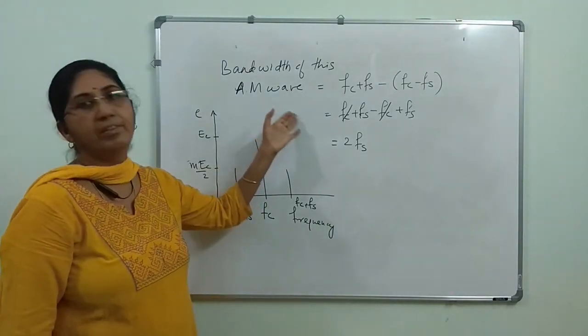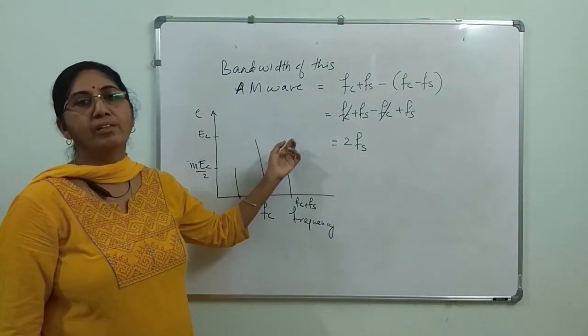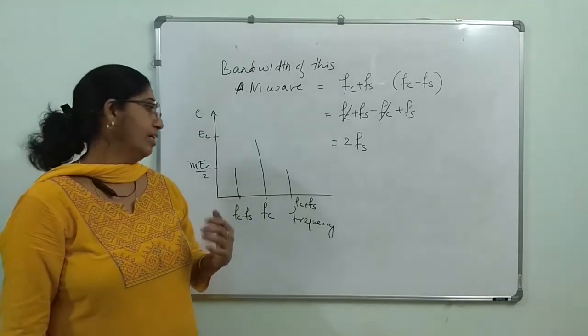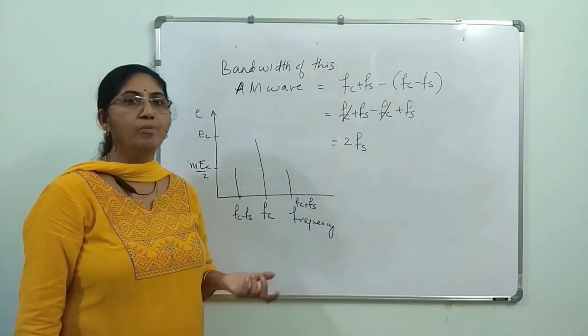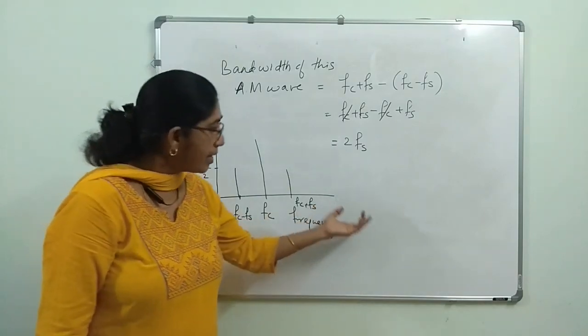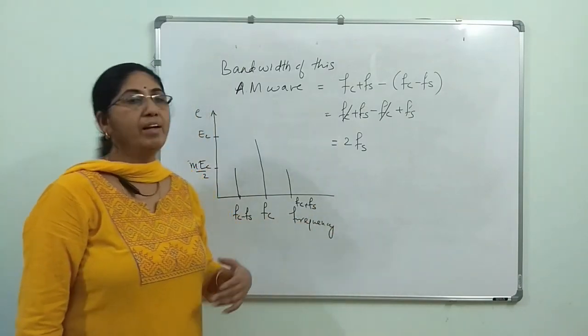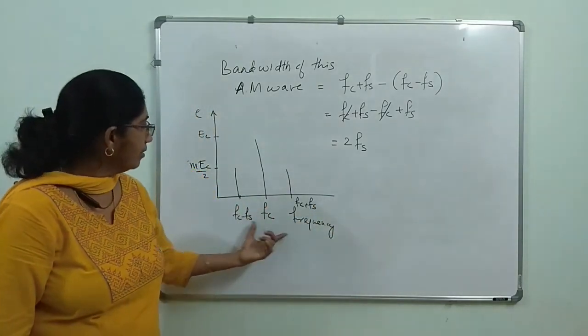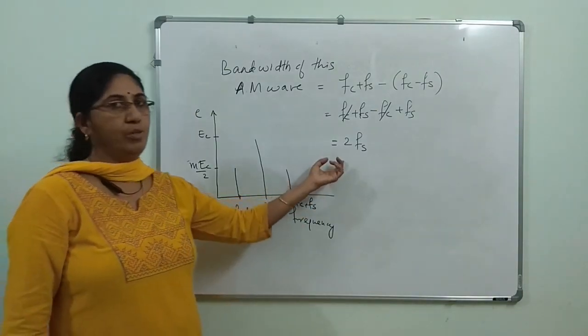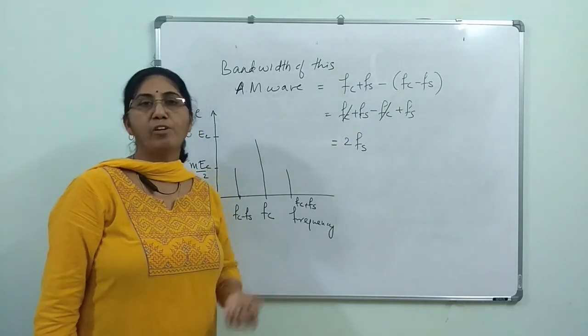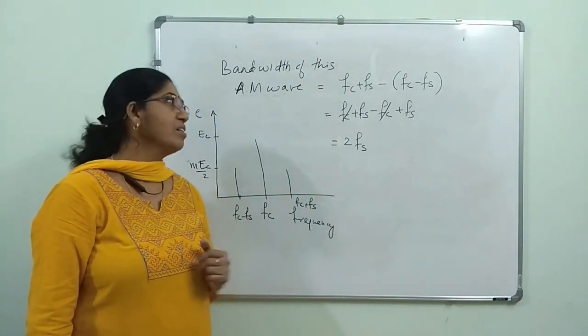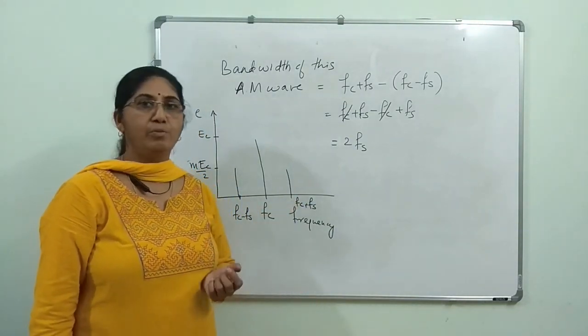Then we discussed the analysis part, in which we saw that it contains 3 different frequency components: an upper sideband and a lower sideband frequency, and the bandwidth you have got is 2fs. So this is what we have been discussing today. In the next class, we will work out problems on this, as well as continue with frequency modulation.